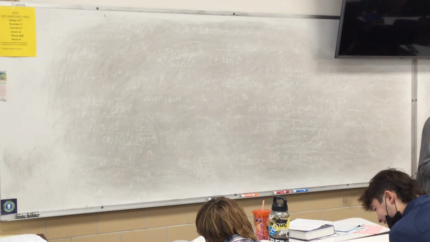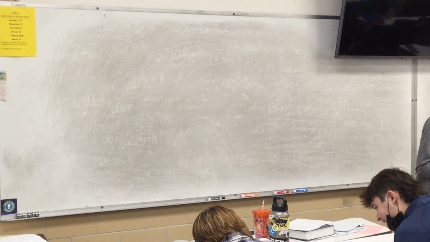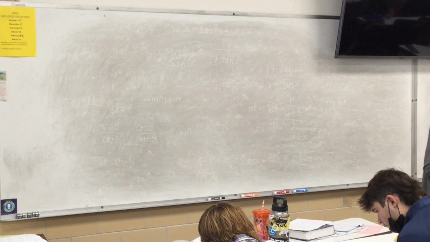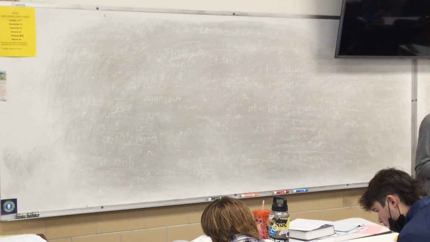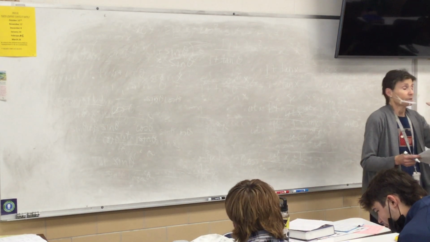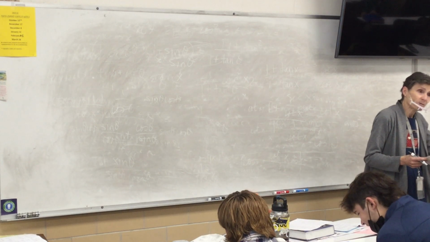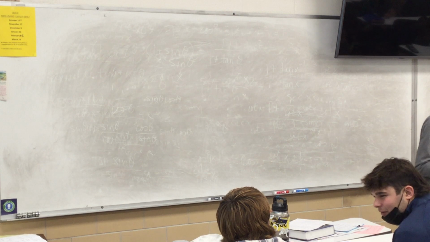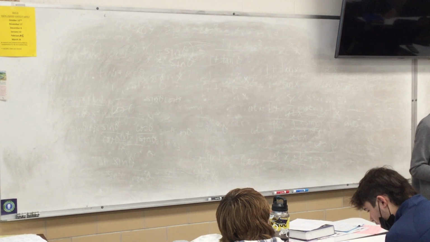Okay, now look at the cosine identities. Are they also identical to each other? I mean, the 2 cosine formulas are identical except for the sign in the middle. Now, it helps me remember that in the sine formulas, the signs are the same.